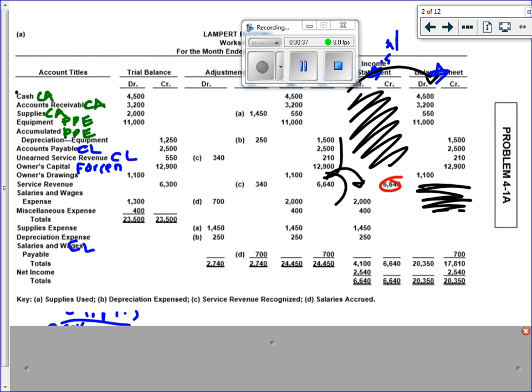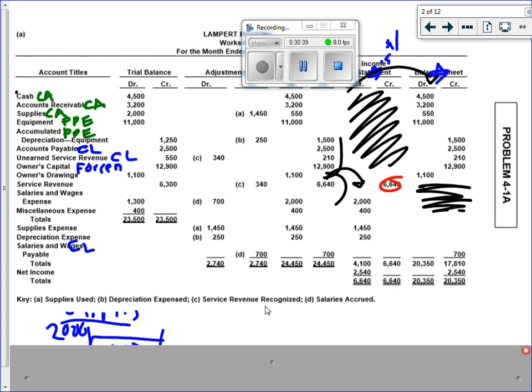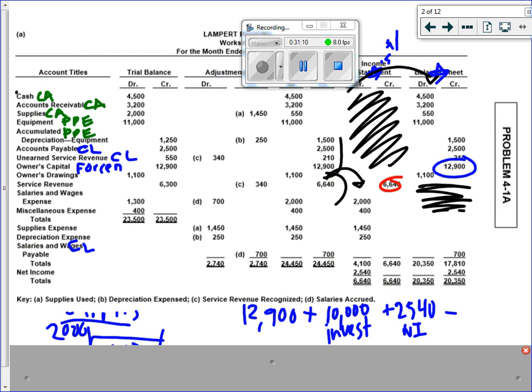Okay. Owner's capital. 12,900, right? Okay. 12,900. Plus, the book says the owner made an additional investment of 10 grand. Plus, what else does the owner get? Net income, 2,540. What does the owner have a hit with? Drawing, 1,100.